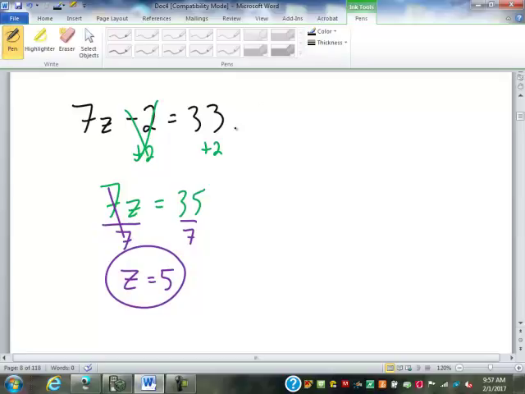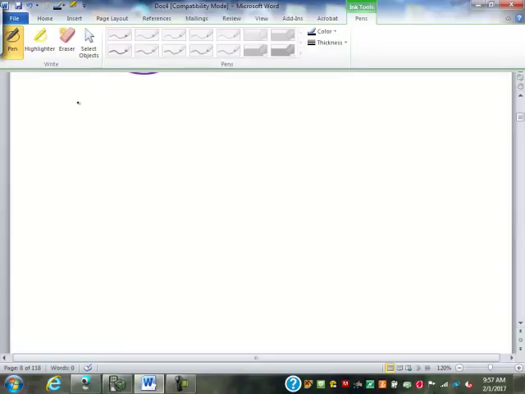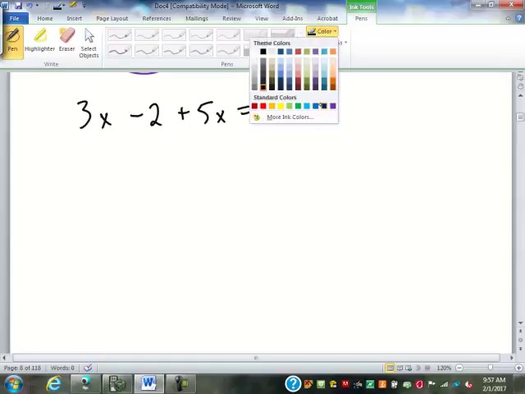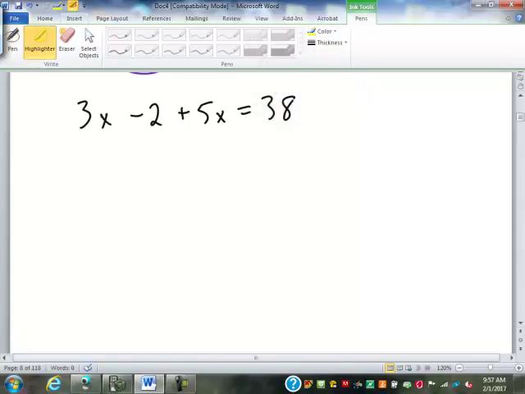Now, there are a lot more complex equations we can run into. We'll go down a notch here. Something like this. Here we find our equal sign, and we identify where the variable is.